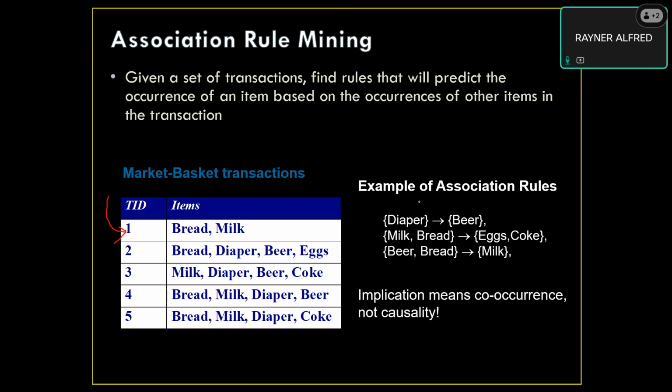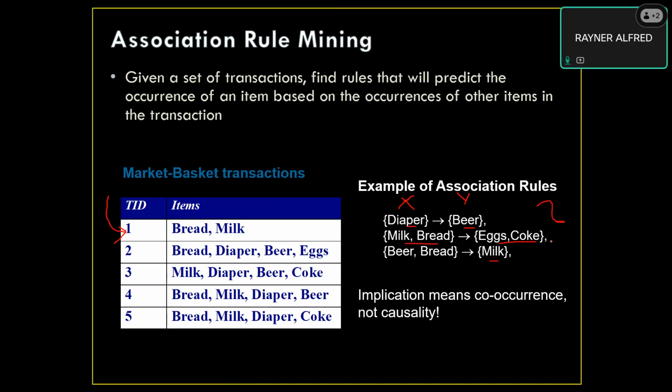So for example, this is your X and this is your Y. If you buy diaper, you will normally buy beer also. We can also say if you buy milk and bread, you will also buy egg and Coke. And if you buy beer and bread, you will also buy milk.